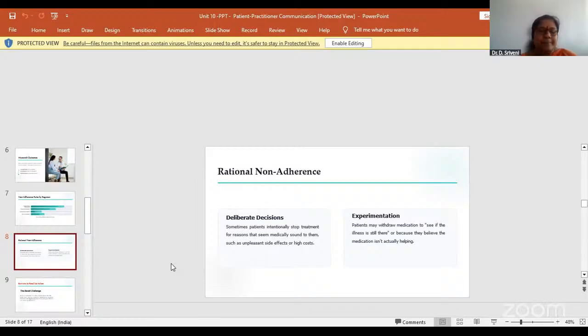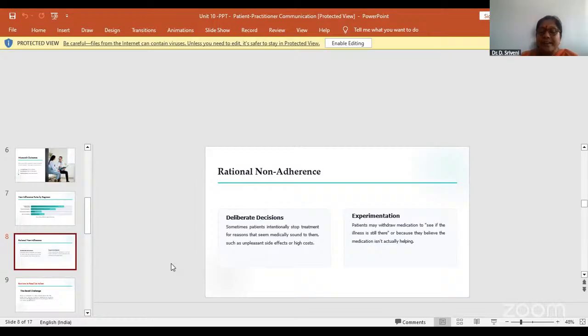And patterns and factors of non-adherence: adherence rates vary dramatically depending upon the type of medical request. For instance, about 1/3 of patients fail to finish short-term antibiotic regimens, and over 80% fail to follow lifestyle recommendations like stopping smoking or following a restrictive diet.